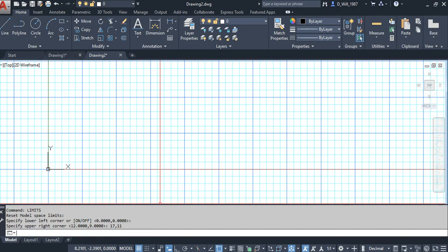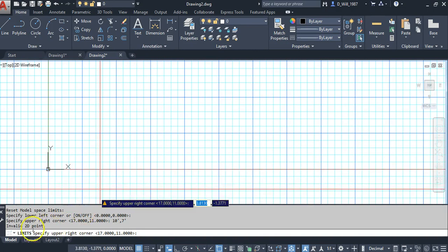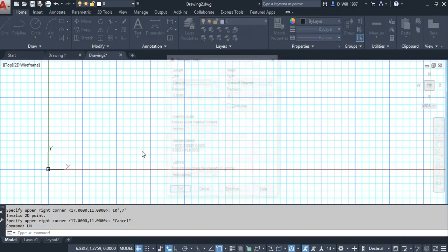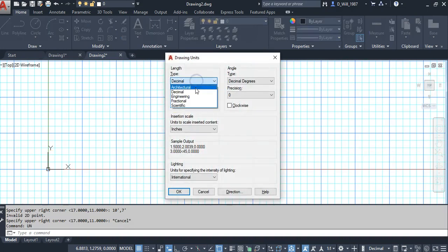Again, if you wanted to use feet and inches, if I said limits, 0, 0, bottom left, 10 feet, comma, 7 feet, I'm going to hit enter, and it's going to say, what are you talking about? I don't understand what you just said. Invalid 2D point. Well, it doesn't understand because my units are in decimal when they need to be in architectural if I want to use feet.